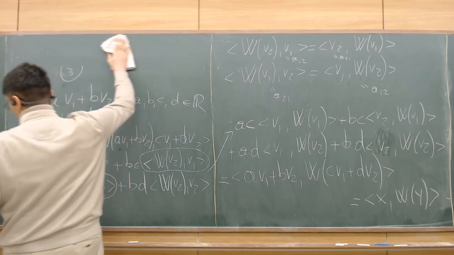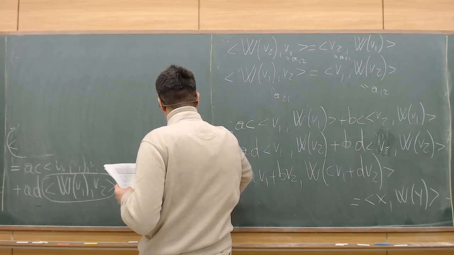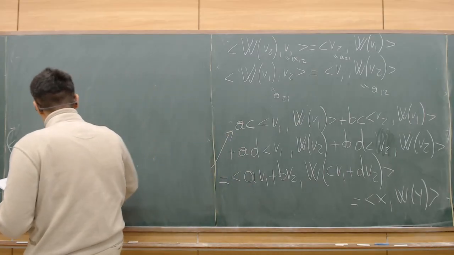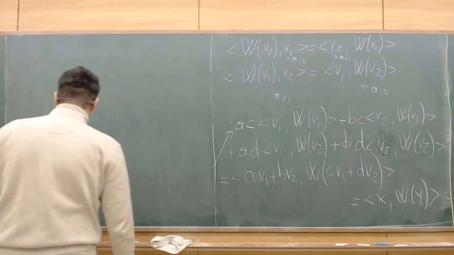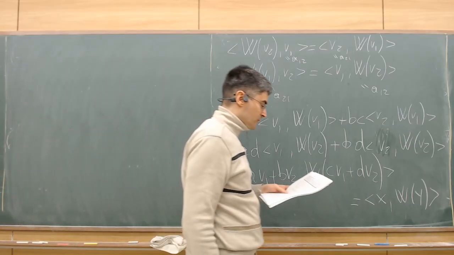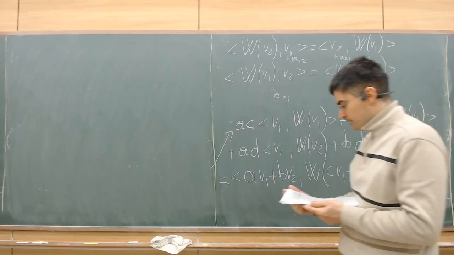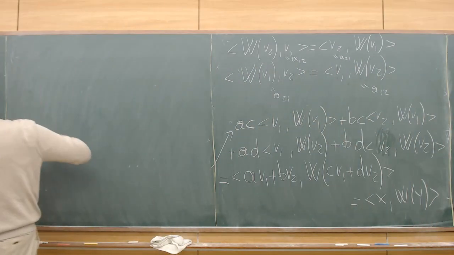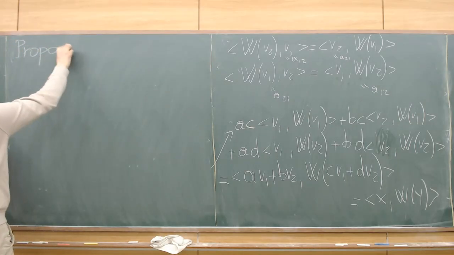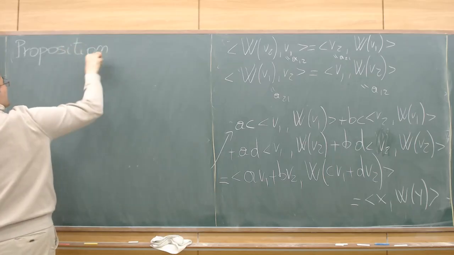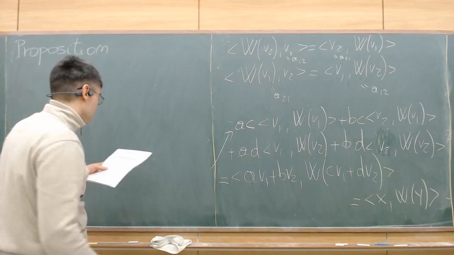The next result that we want to prove is about the matrix which represents a self-adjoint linear transformation. It says that if we choose carefully the orthonormal basis, then the matrix is not only symmetric, but it is diagonal.